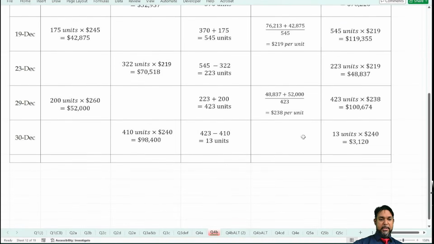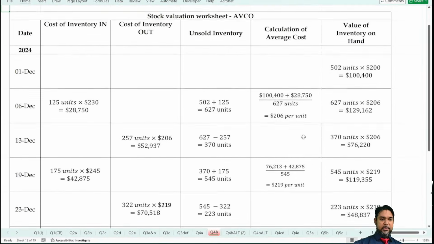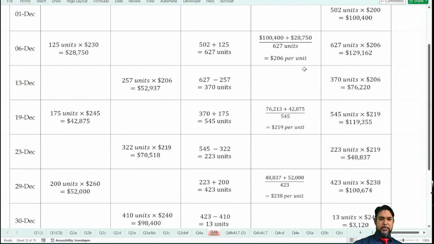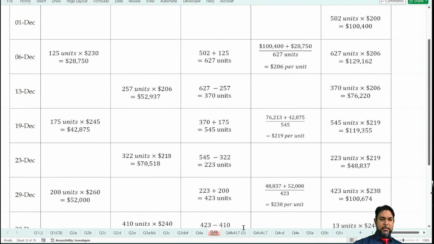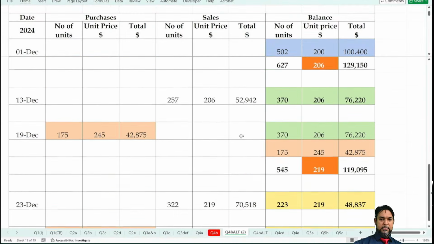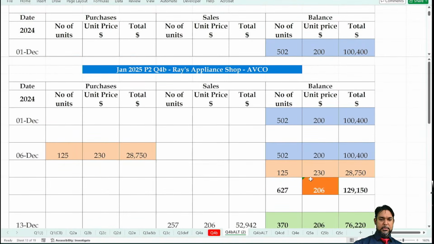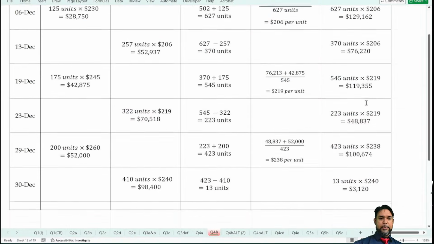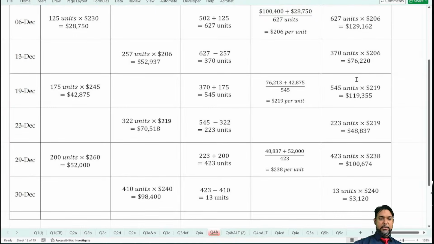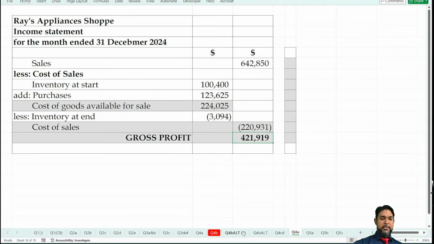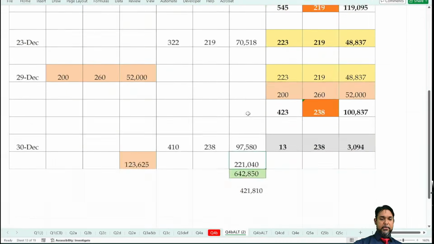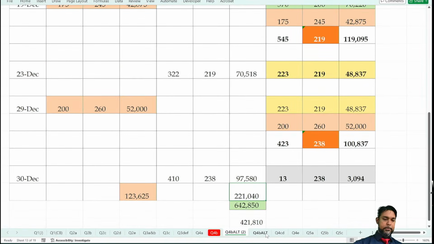So again, that's minor in the grand scheme of things. 28,750, 206, 192, 162. Okay, no, so I clearly didn't use the instruction. I think I used dollars and cents. I was using exact values here, so that's why my figures are off. But in this one, I followed the instruction. So this one here, 3,094. Okay, cool.